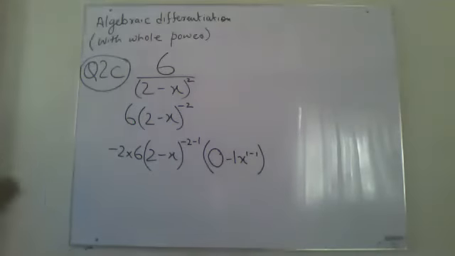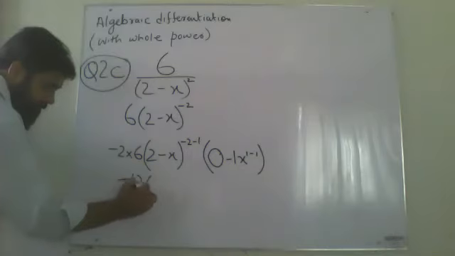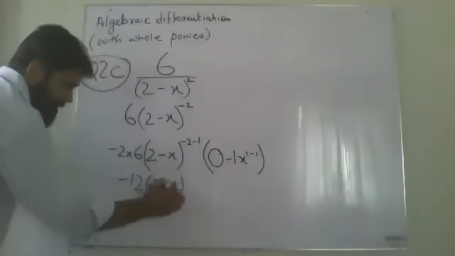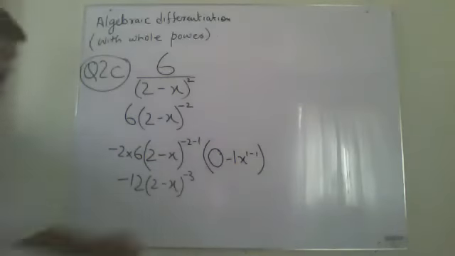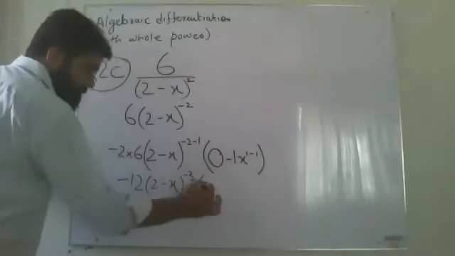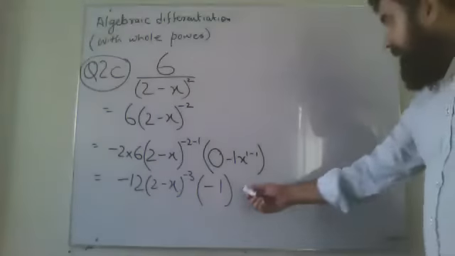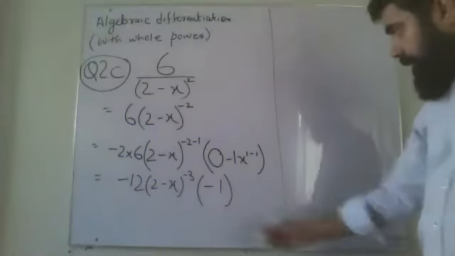Okay, beta? So simplifying it, minus 12, 2 minus x to the power minus 3, and simplifying this, 0 will be gone and this will be minus 1. I hope I am clear till this point. Now after this, I am solving it over here, beta.